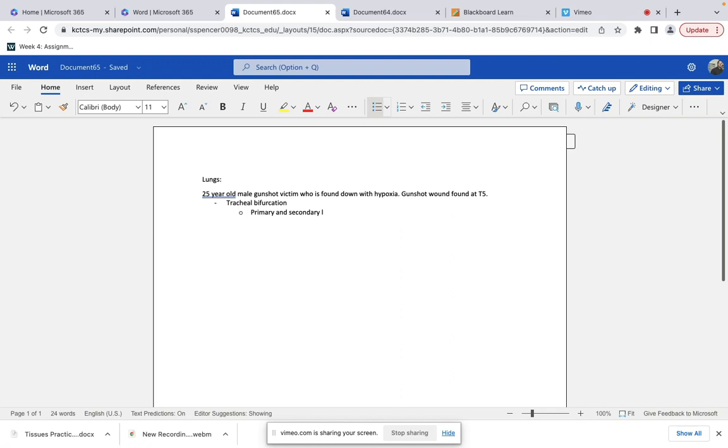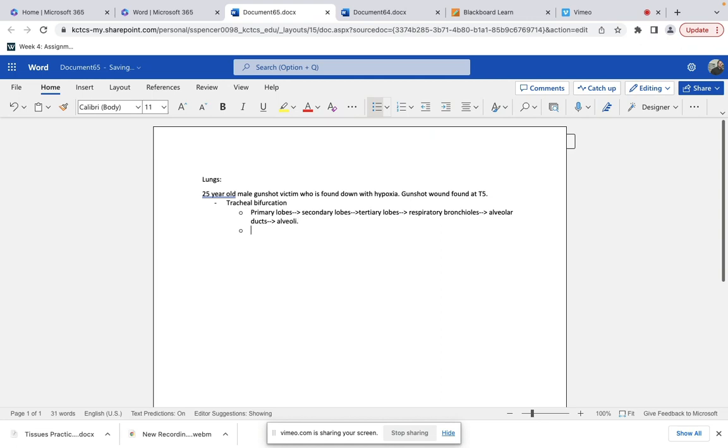The primary lobes, the right and left main stem bronchi, we said would send it to the secondary lobes, which would send it to the tertiary lobes, which would then eventually go to the respiratory bronchioles, which would branch off into the alveolar ducts, which would then go to the alveoli.